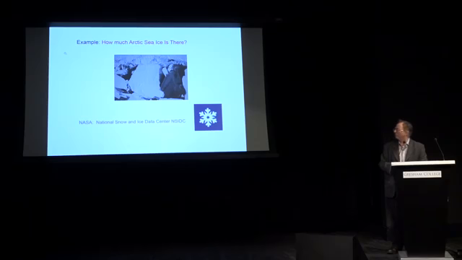So let's have a look at the data issues, and we'll go back to this question of the Arctic sea ice to see how we might make predictions from that. And we're going to have a look at some data that NASA produces. So they have this National Snow and Ice Data Center, which has satellites which orbit the Earth and look downwards on the ice and do things like measure the area of the ice.